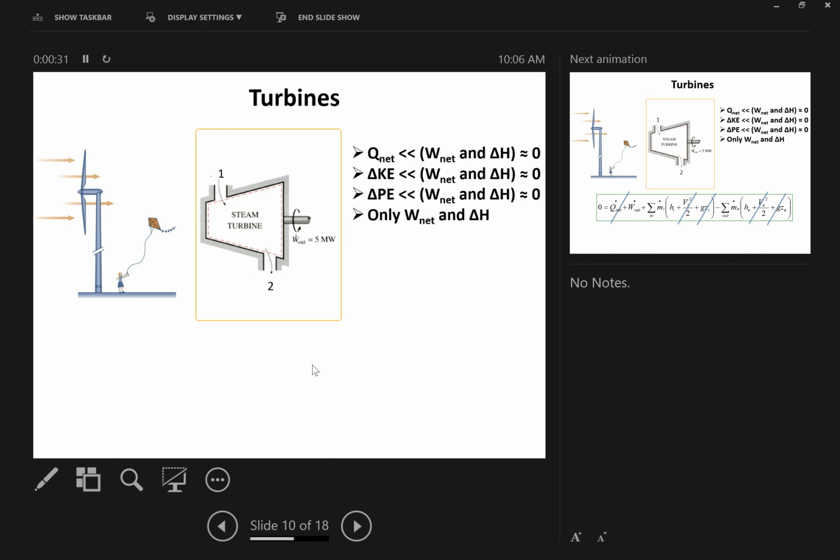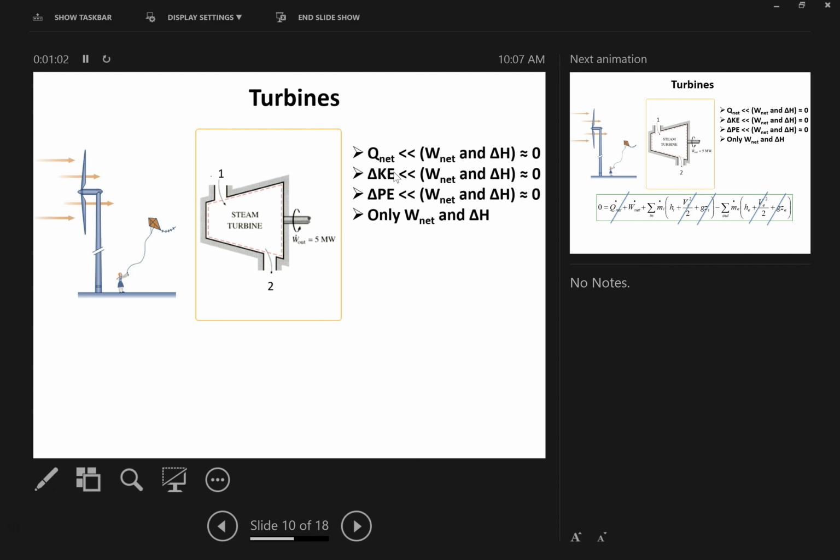So for turbines, we can assume a lot of things. The first thing we're going to do is that Q net is relatively small, the heat transfer between your surroundings and your system, between your output and your change in enthalpy. What is enthalpy? Not quite temperature, but internal energy and pressure over density.